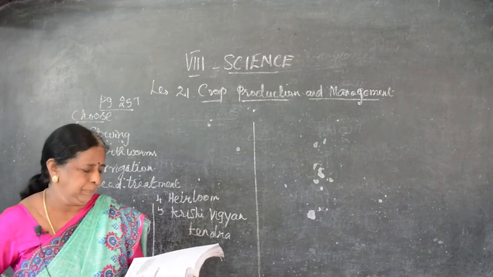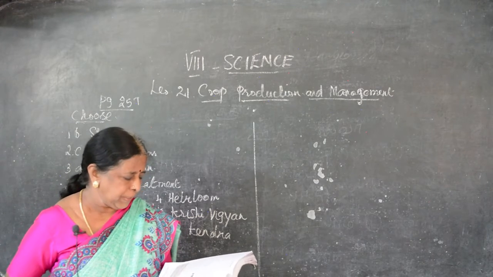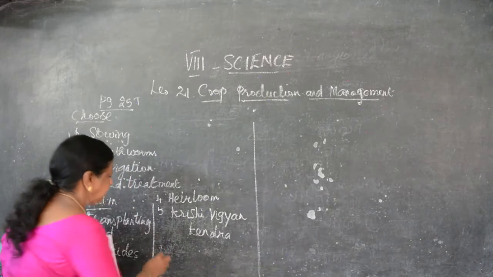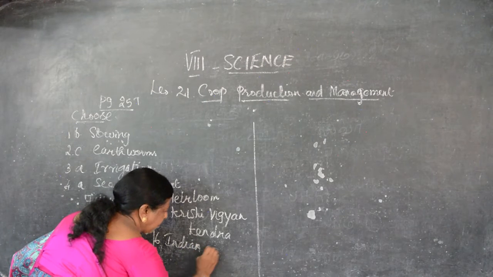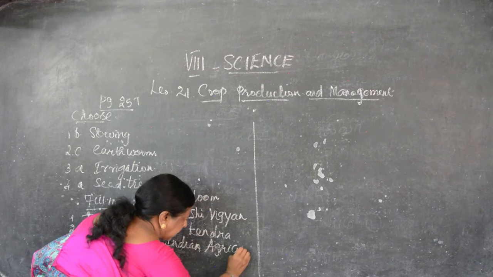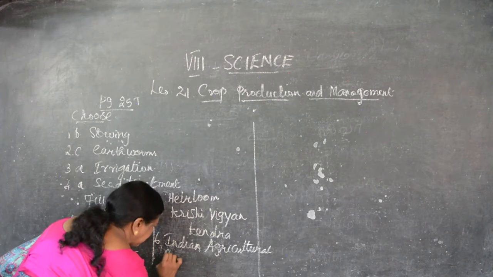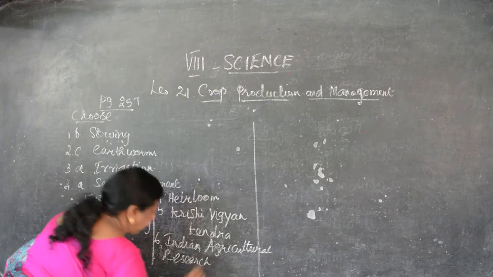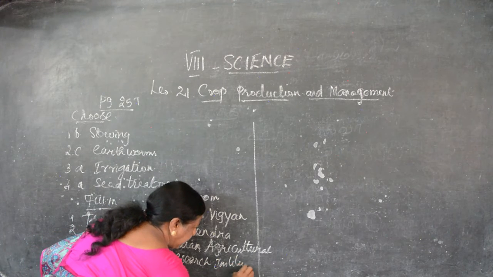And the last one. Several popular high-yielding varieties of major crops have been developed by Indian Agricultural Research Institute. Indian. Agricultural, A-G-R-I. Agricultural Research Institute. R-E-S-E-A-R-C-H, Research Institute, I-N-S-T-I-T-U-T-E.